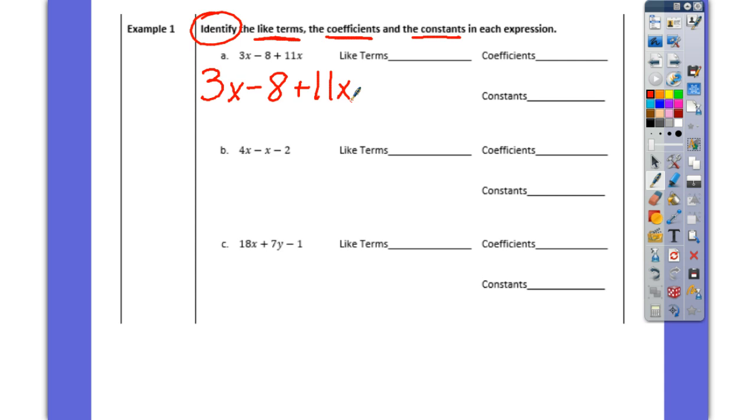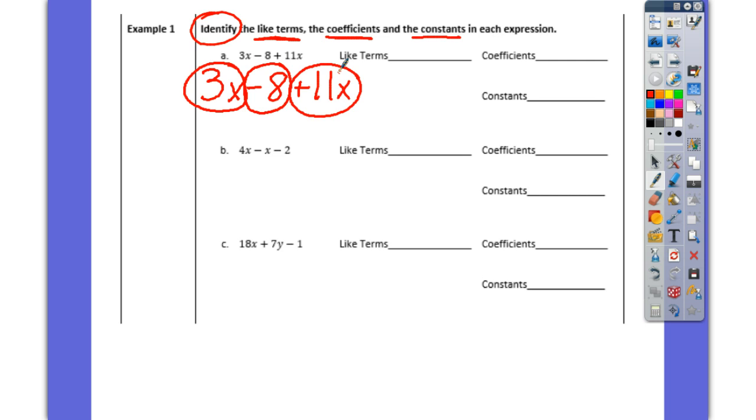This will help you when we get to all of these over here. So my first term is 3x. My second term is a minus 8. Minus 8, negative 8, they're exactly the same thing. And then my third term is a positive 11x. All right? We have 3 terms in that expression.